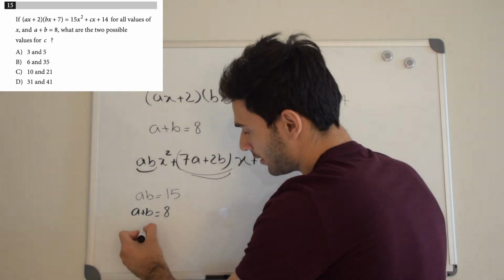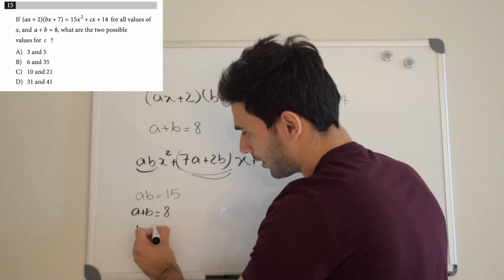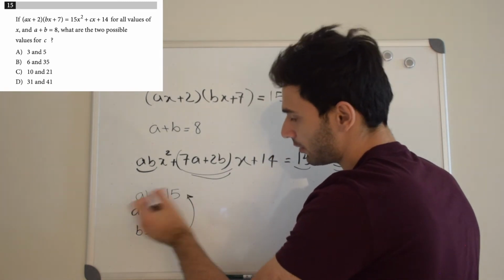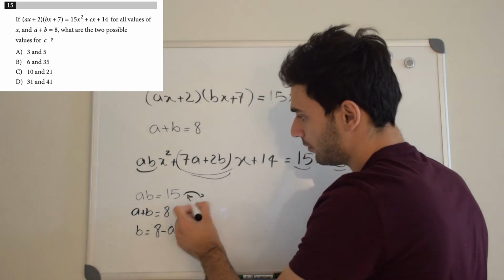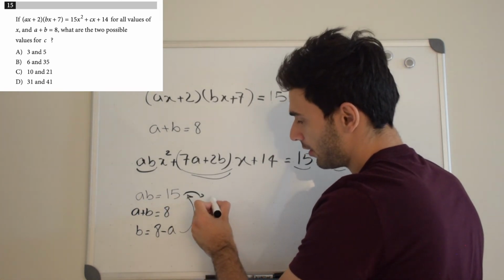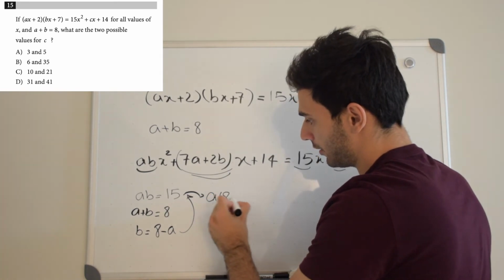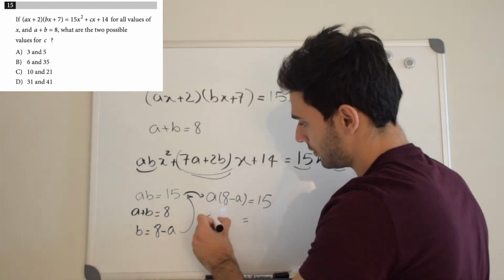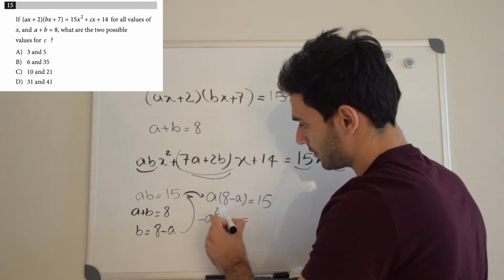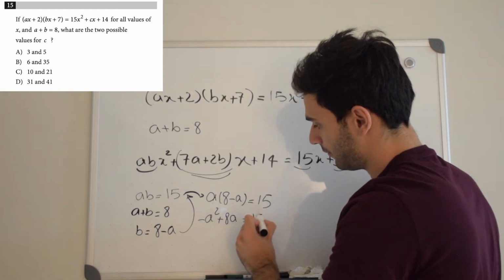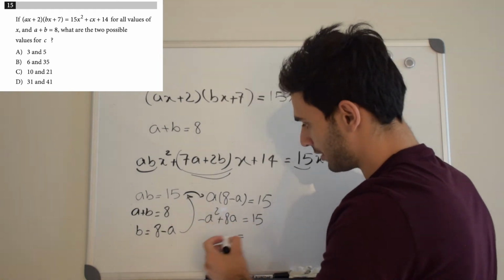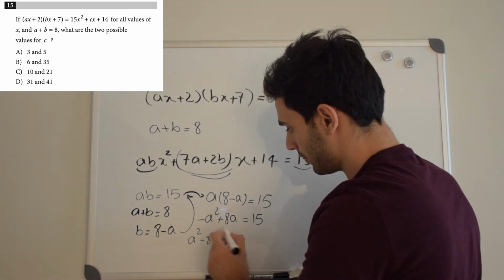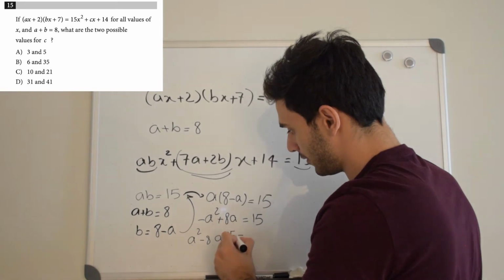So I'm going to just write b equal to 8 minus a. Then I'm going to substitute here. If I do it, I'll end up with a(8 minus a) equal to 15. Then I'll have minus a squared plus 8a equal to 15. Then I can rearrange it as a squared minus 8a plus 15 equals 0.